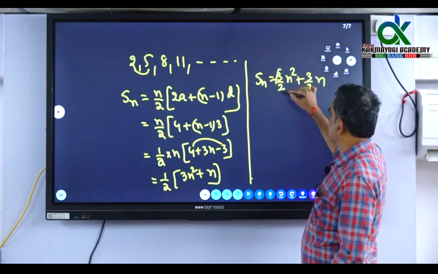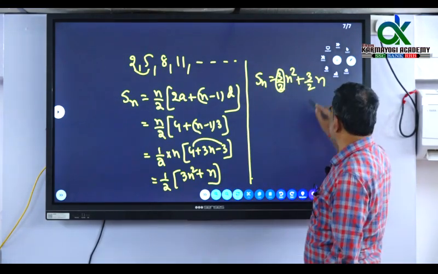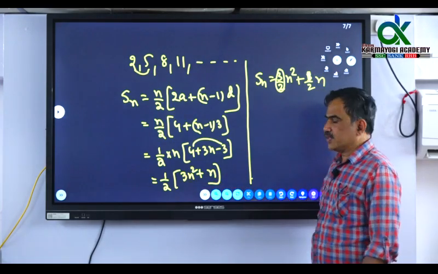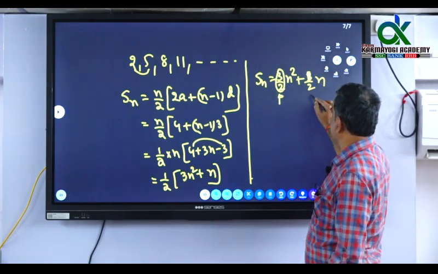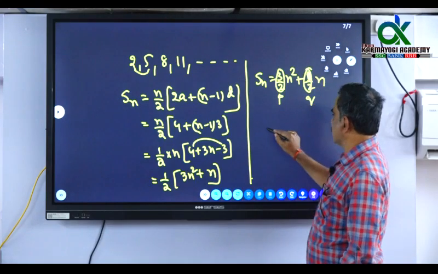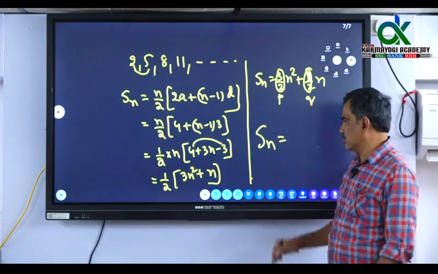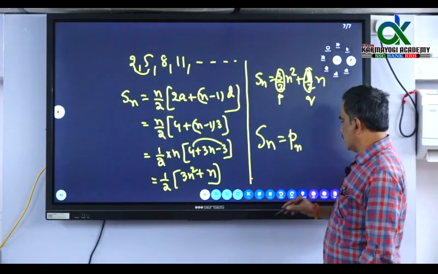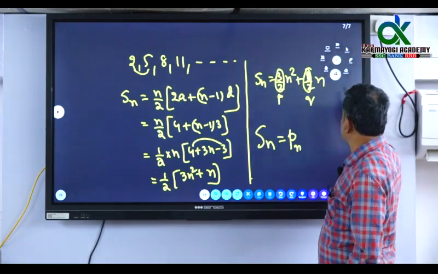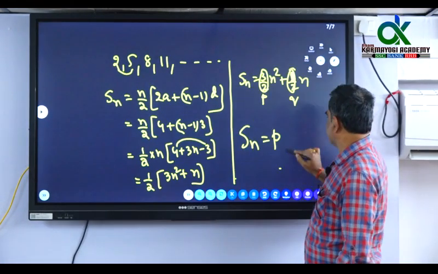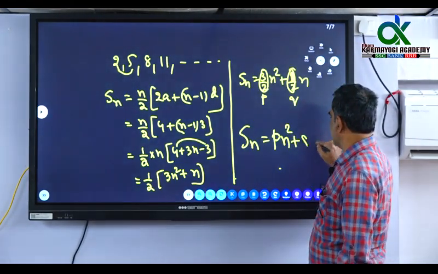I want to consider this constant, not 3 by 2, it is 1 by 2 plus 1 by 2 n. I want to consider this as p and this constant as q. Therefore the general formula for sum of n terms is nothing but pn square plus qn.